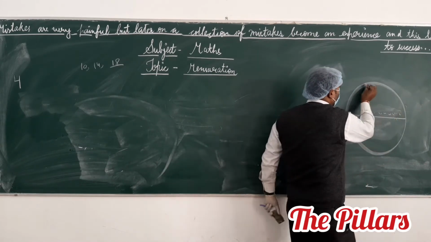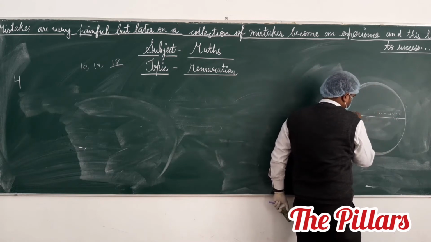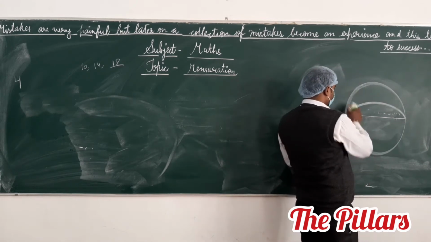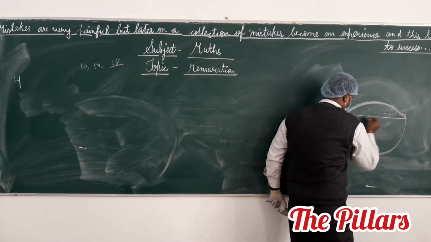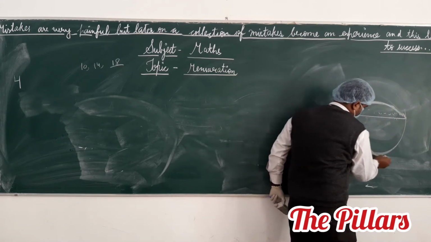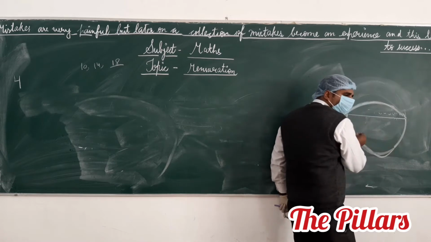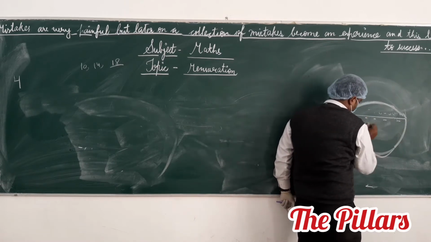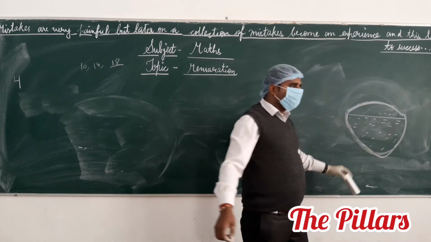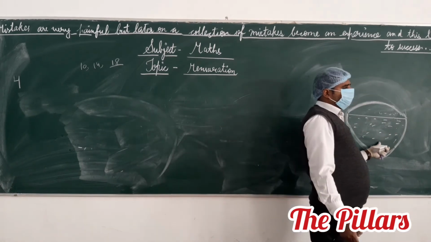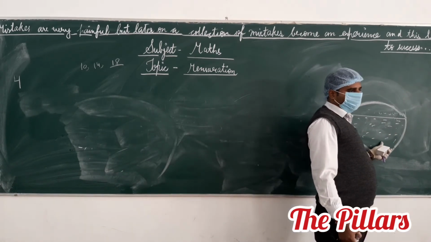Suppose this is your hemispherical bowl, full of water like that. Then first you have to calculate the volume of this. How much volume does it contain?